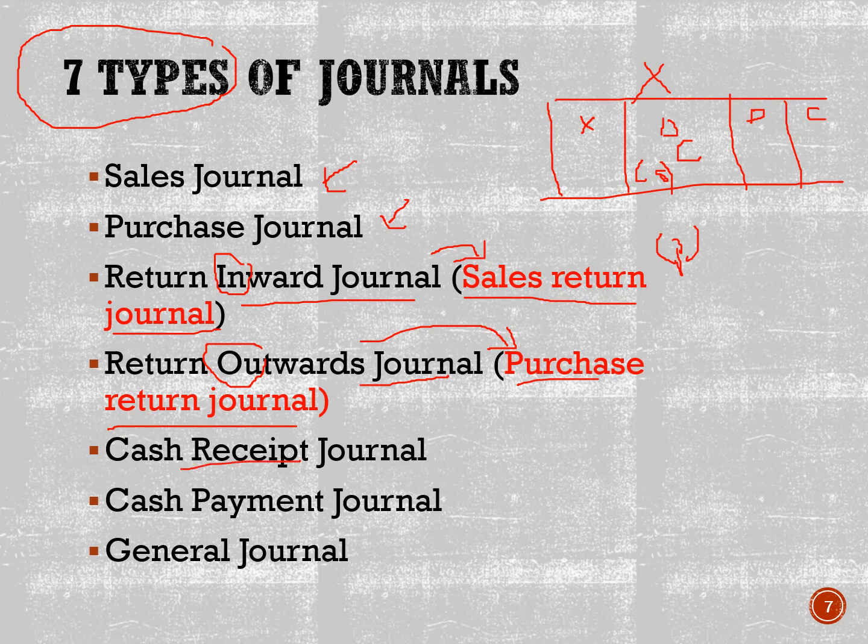Okay, cash receipt, cash payment. So ini melibatkan cash. Apa-apa yang terlibat dalam cash, cash receipt lebih kepada duit yang kita terima. Tapi kalau cash payment lebih kepada apa yang kita bayar pakai cash. Contoh kalau kita menjual inventory menggunakan cash, so duit tu dia akan dapat.